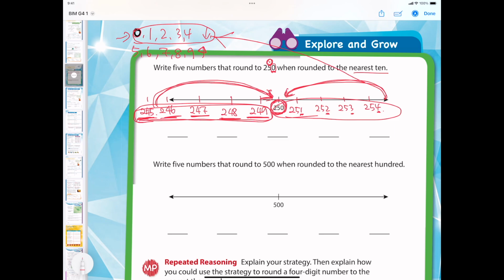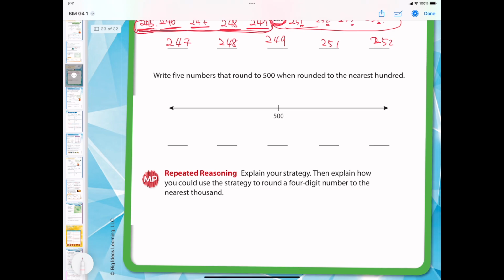All right, so I'm going to pick only 5 out of these. I have 9 of them. So I'm going to say 247, 248, 249, and 251, 252. If you want to pick something else, it's up to you. Doesn't matter. All right, now let's move on.